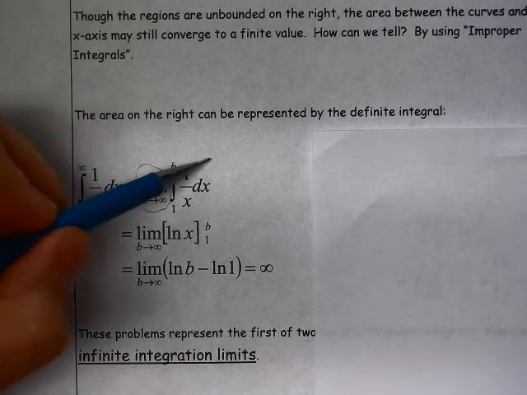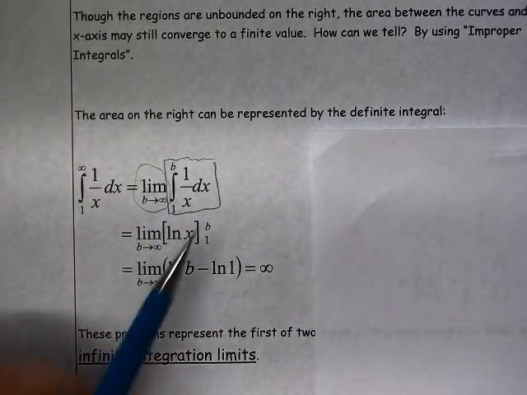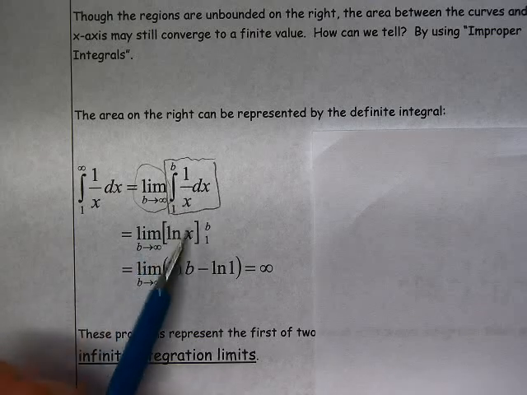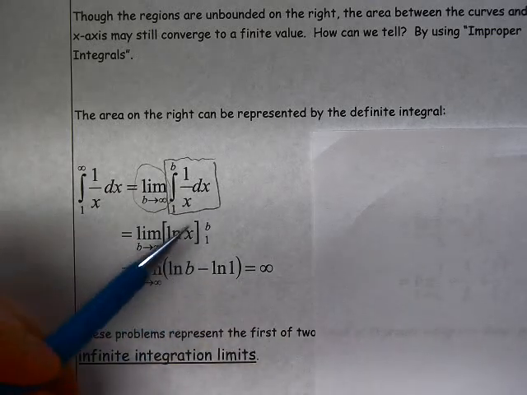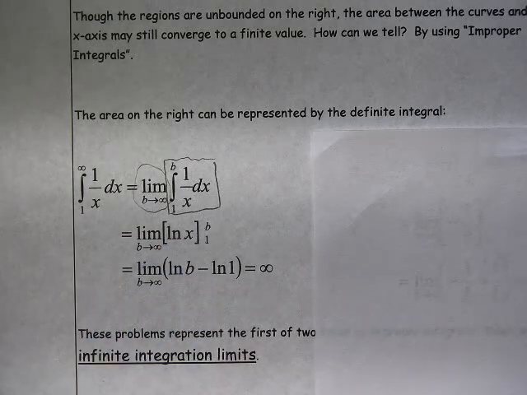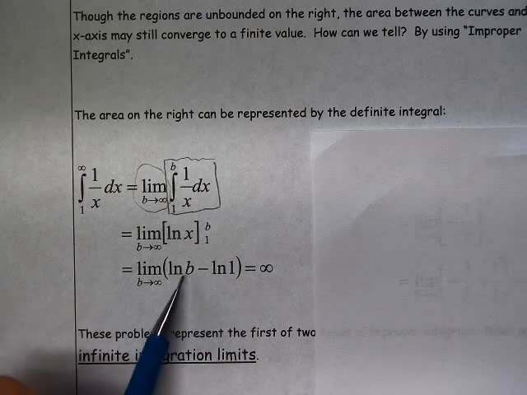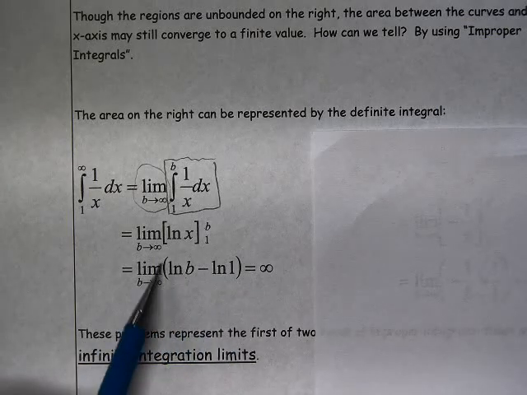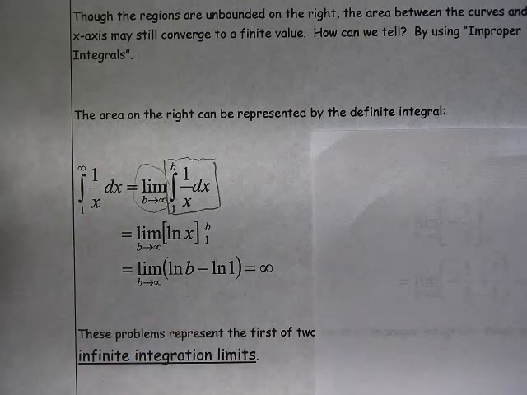So I'm going to do this definite integral first. The antiderivative of 1 over x is ln of x. And I'm going to evaluate that from 1 to b. So then we substitute b and 1, so ln of b minus ln of 1. Then I'm going to take the limit of this as b approaches infinity. And as I do that, this value is going to approach infinity.